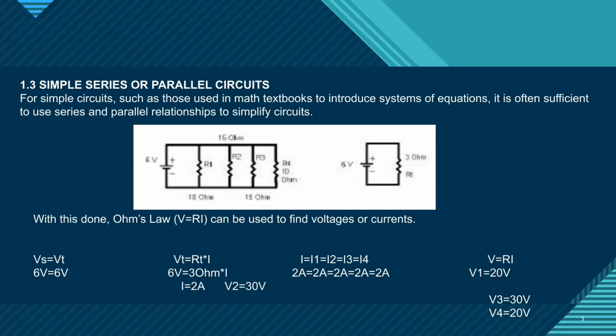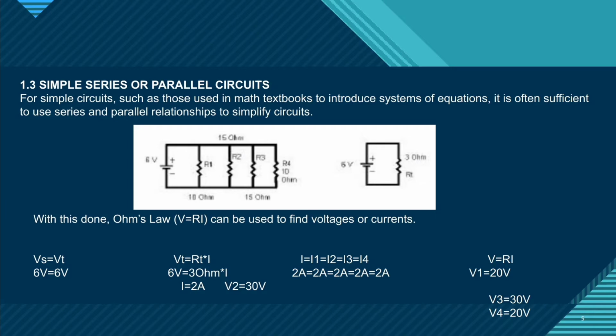Series or parallel circuits. For simple circuits, such as those used in math textbooks, which introduce systems of equations, it is often sufficient to use series and parallel relationships to simplify circuits. As you can see, with the calculation done here, Ohm's law V = IR can be used to find voltages and currents.